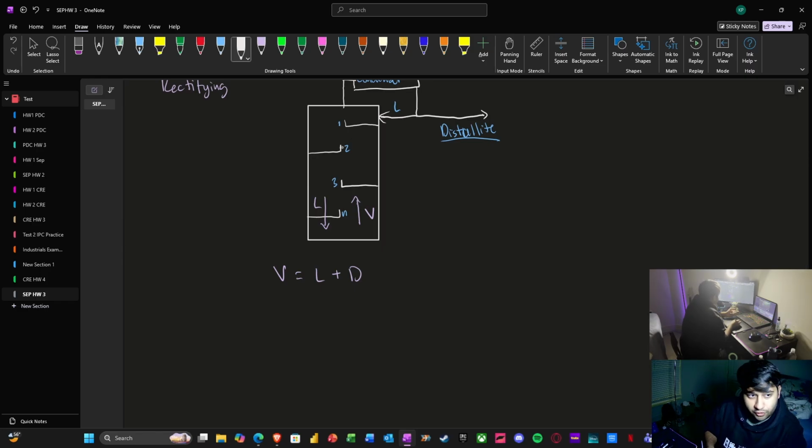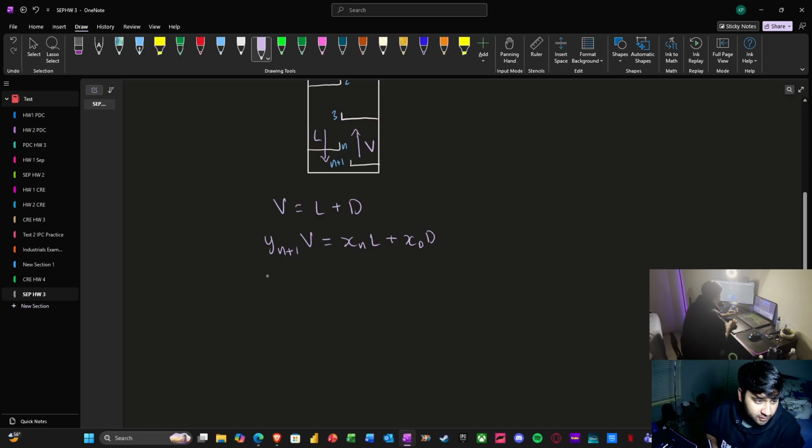So we have our first tray, second, third, then we have N. And then we're just going to have this defined as N plus 1. We can move forward with making our equation Y sub n plus 1 times V equals X sub N times our liquid plus X sub D times our distillate.